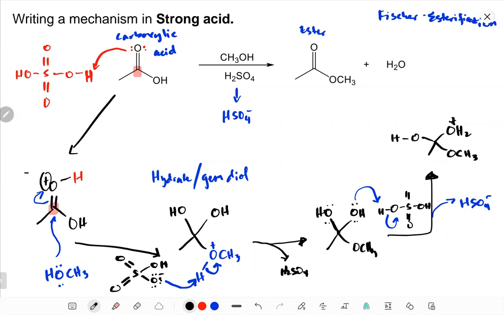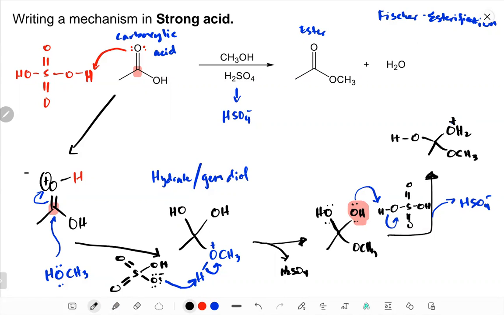So that is why OH groups are poor leaving groups, especially in substitution reactions. And in order to make it a better leaving group, you need to protonate it. That is why this hydroxyl group was protonated from an acid, to make it a better leaving group.